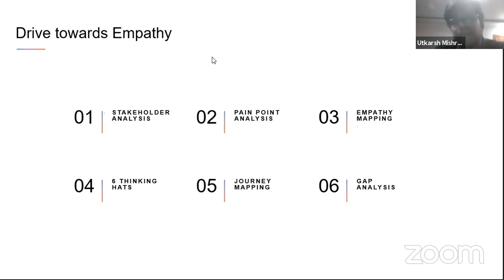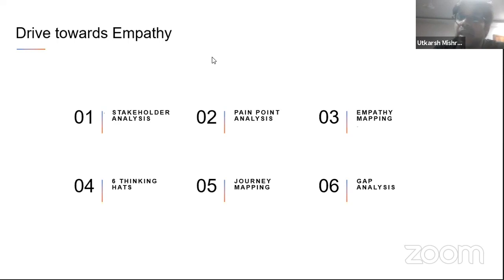One stakeholder might be the government, one might be NGOs, one might be different heavy vehicle organizations, in terms of their CSR, if they can provide vehicles. There might be several stakeholders, but in the end we need to understand whom we are impacting with this. So that is stakeholder analysis for us.